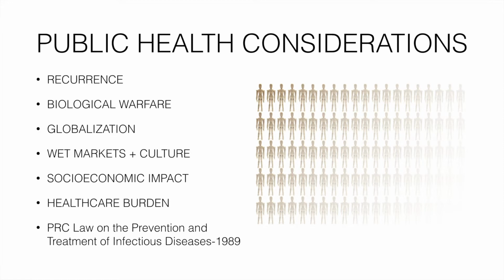Then you have to think about the socioeconomic impact that this disease would have in a country, on the government, the strain, the burden. And I have healthcare burden as my next point, but when we're talking about trying to keep this disease contained, we have to think about quarantine and the impact that this is going to have on the economy because people are no longer spending. People who are sick can no longer work and provide for their family.